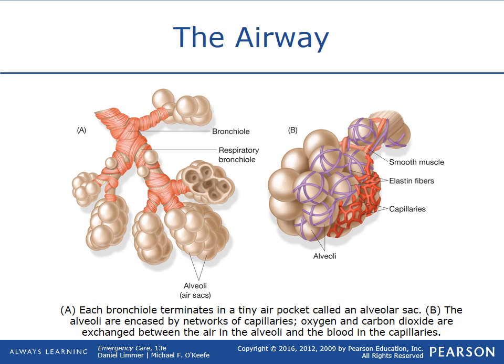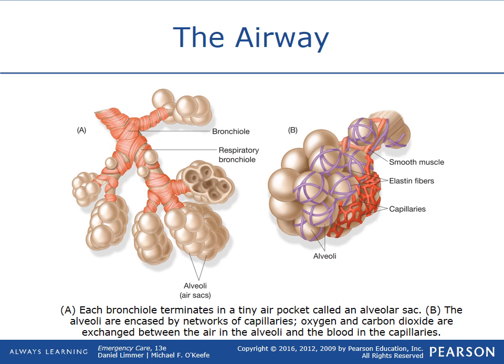And this is the alveoli. The alveoli are surrounded by capillaries. And those capillaries are really tight next to the membranes of the alveoli, those cells. And they exchange oxygen and carbon dioxide.